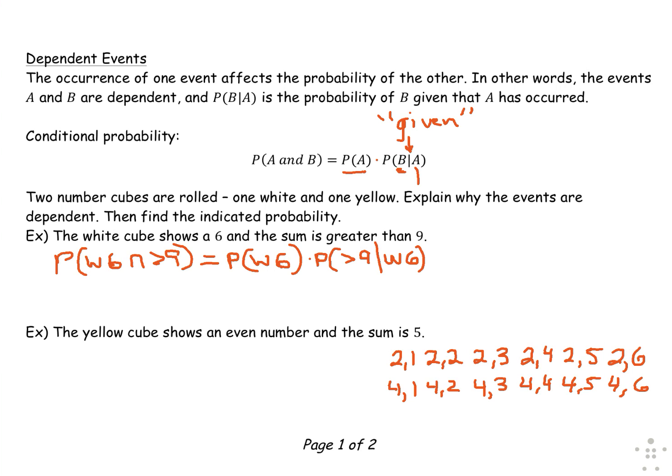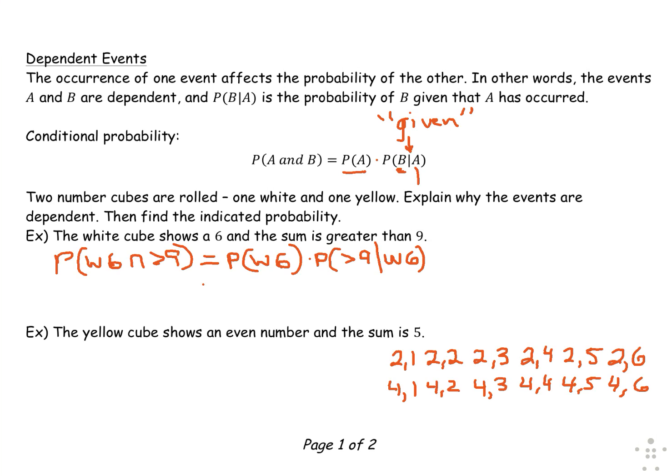Now, the number cubes are being rolled at the same time, but just think about it as one, and your eyes catch that the white one already shows a 6. Before you move your eyes to the second number cube, you could already start thinking about, if your goal is to get a sum greater than 9, what your chances are.